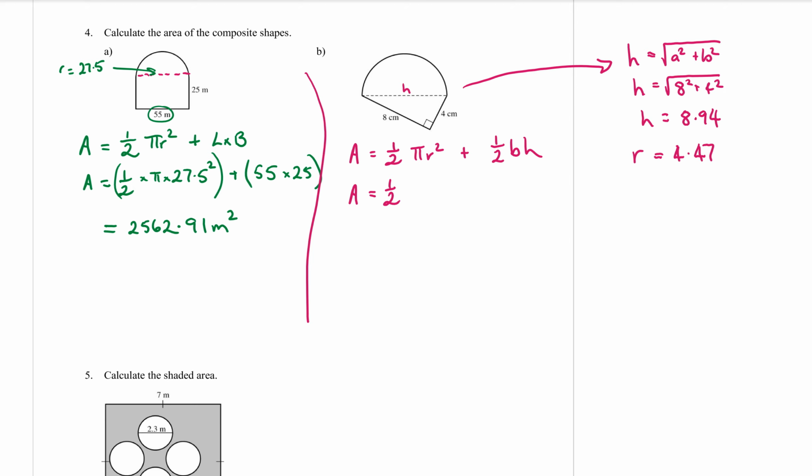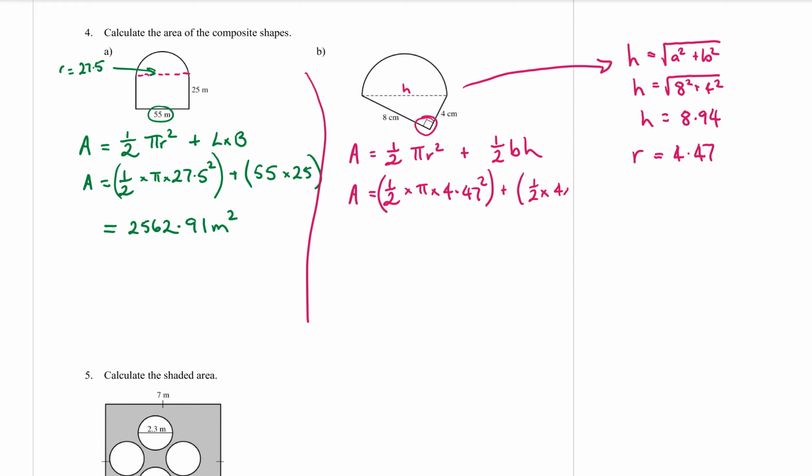Okay, so finally we can substitute that into this formula. Half times pi times the radius, which is 4.47 squared, plus, okay, that's my half circle, plus my triangle, which is half times the base and the height of my triangle are the ones either side of this right angle, so the 4 and the 8.